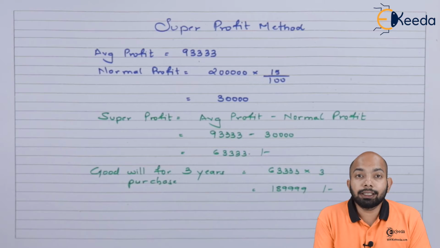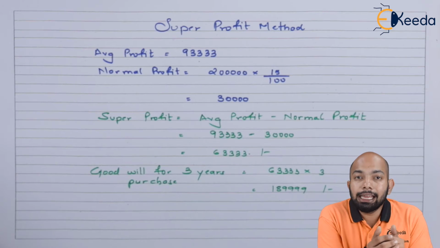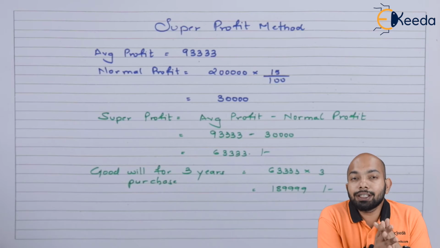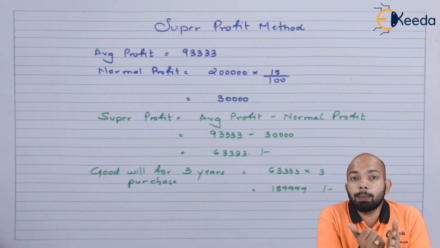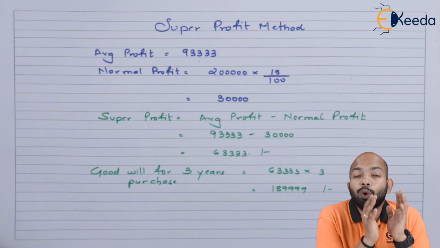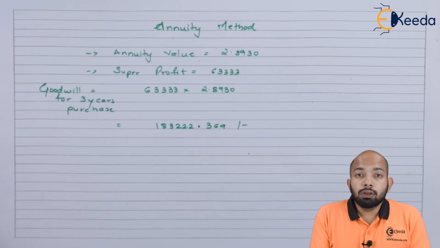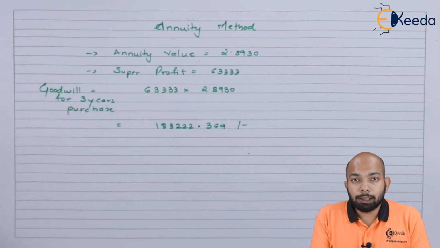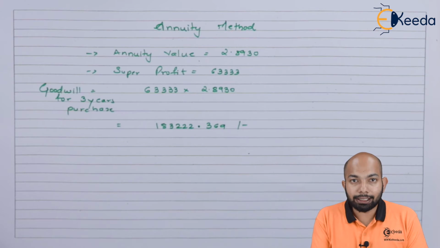Let's go on to the next method that is defined as annuity method. For this illustration, all the details have been already mentioned for you, which is the annuity for 5 years. So you'll go ahead and use those details with the super profit that has been earned to figure out what is the goodwill value as per annuity method. So we have also completed the annuity method problem, whereby we have already mentioned that the super profit is 63,333.